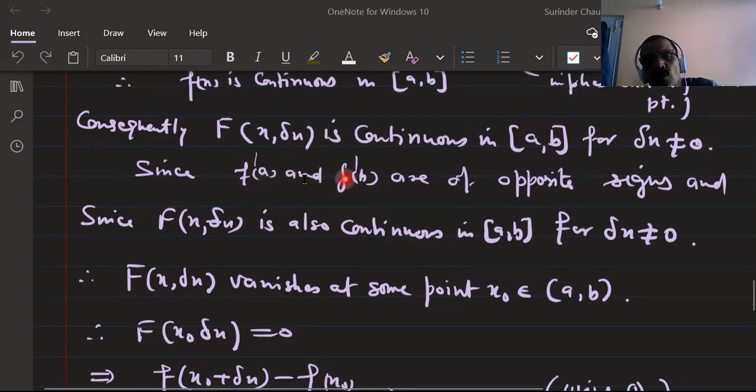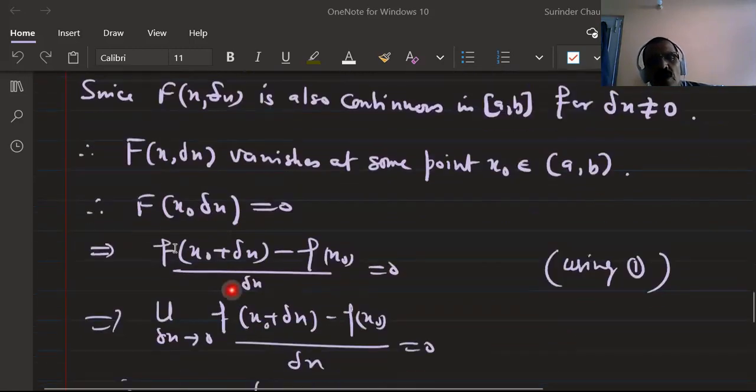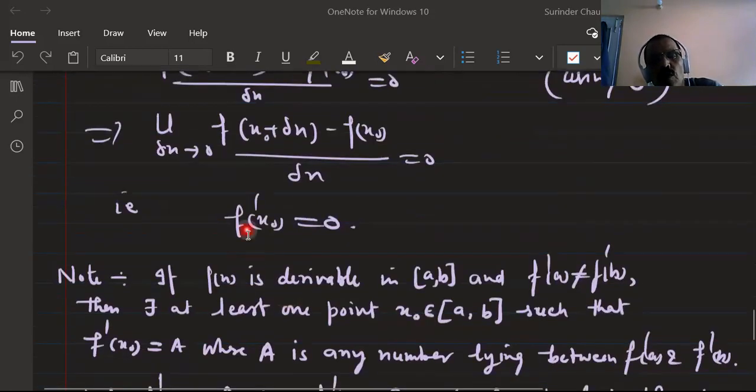They have opposite signs. Therefore, we will get at least one x not belonging to the interval a, b such that f dash is 0. Taking the limit delta x tends to 0 is equal to f dash.